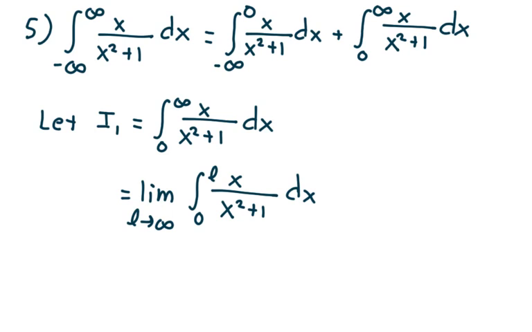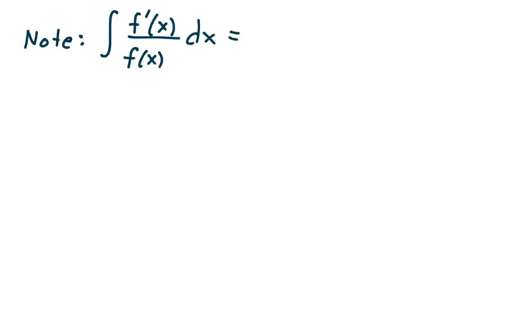Now, I'm going to teach you guys a little trick before we continue this. Let's put a note here. I claim the integral of f prime of x over f of x dx, okay?